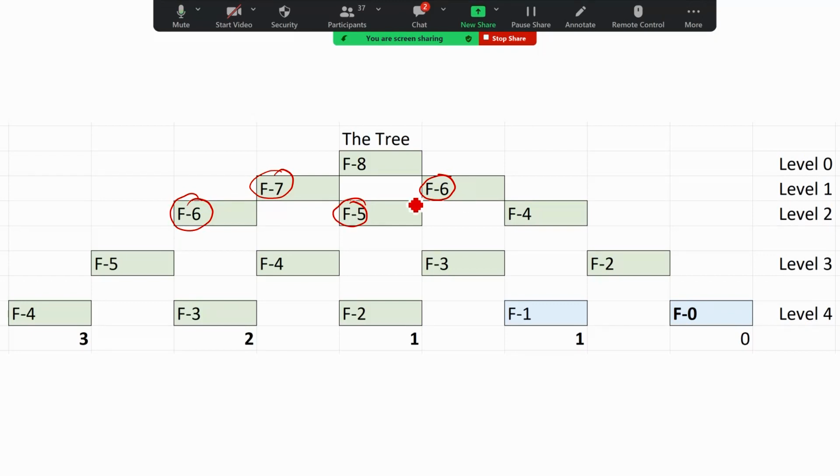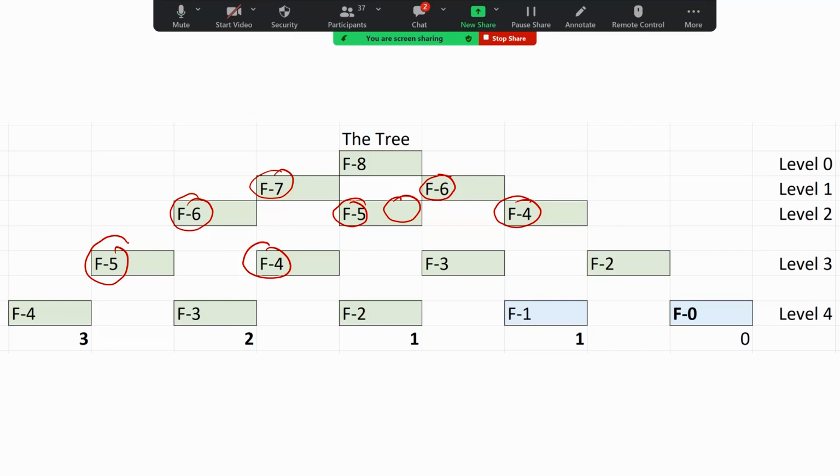And for f of 6 again, we will do f of 5 here. So that's 2. And then we do f of 4. And then for f of 6, we'd again do f of 5 and f of 4, right? So you see this repetitive behavior that we're solving for the same answer again and again and again, multiple times. Hence the inefficiency.